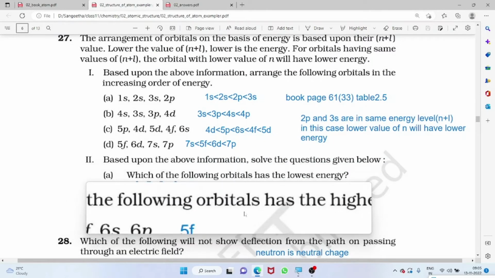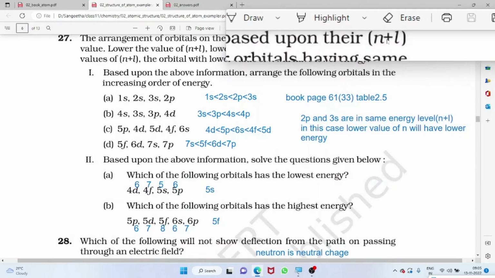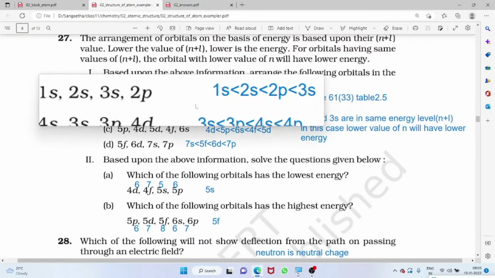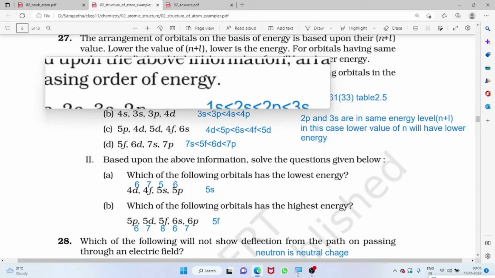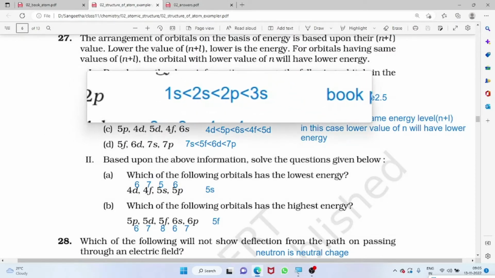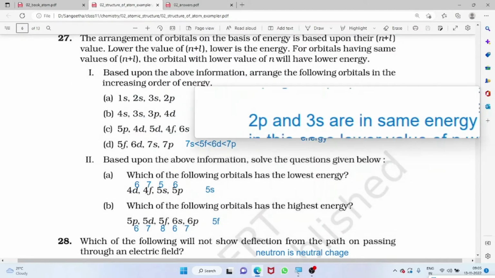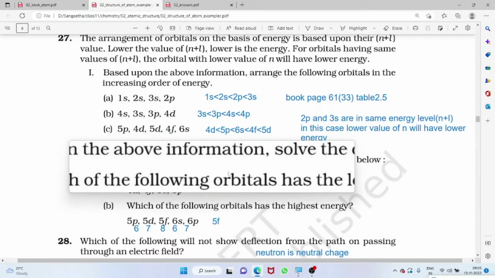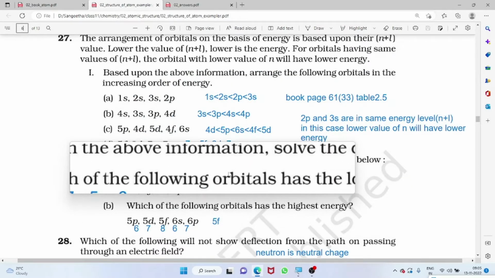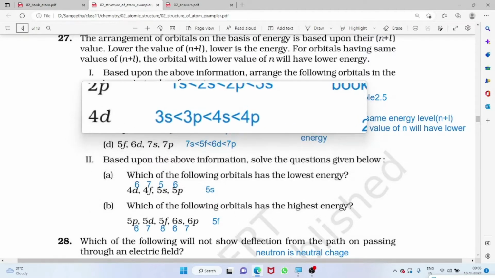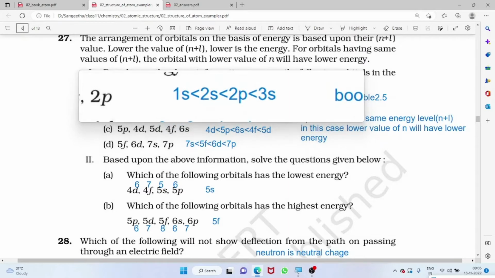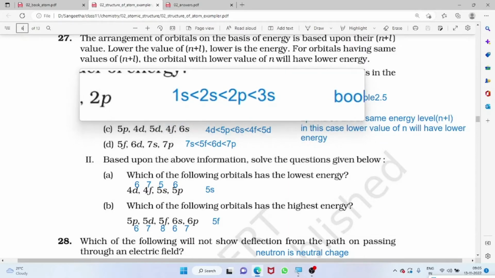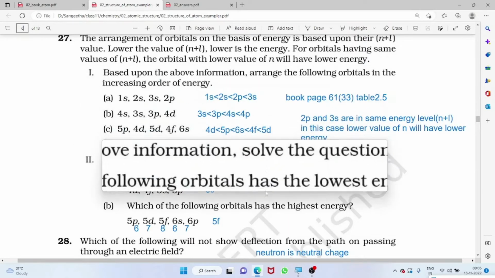So based on this rule, we arranged the orbitals like this: 1s, 2s, 2p, 3s. Here you see 2p and 3s have the same energy, but because the principal quantum number 2 is less here, 2 comes first, then 3 comes next.